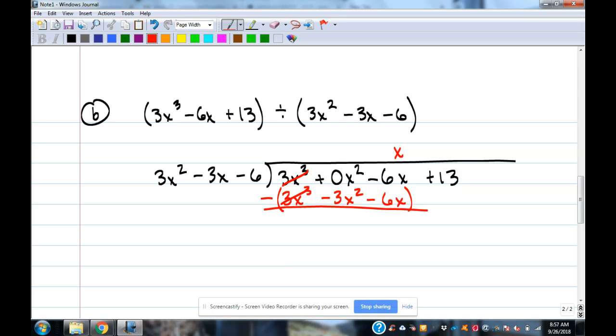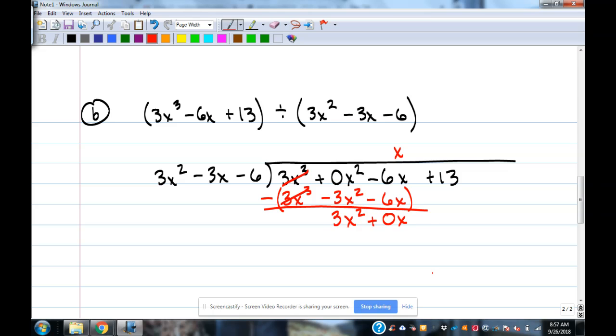Okay. 0 minus negative 3x squared. Yeah, positive 3x squared. Okay. Negative 6 minus negative 6. Okay. Those cancel out. So that's technically plus 0x.